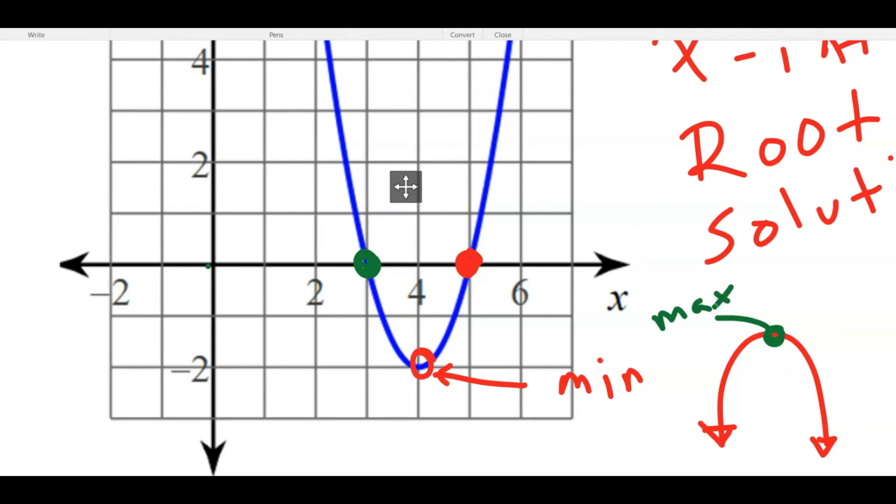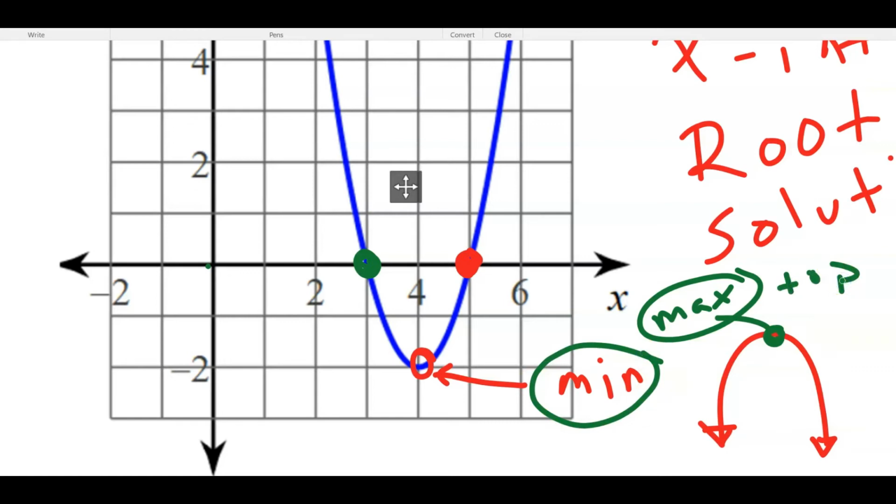That's the highest that you can go. So it's either going to be a minimum or a maximum, depending on which way the parabola opens. If it opens down, it's going to have a maximum. If it opens up, it's going to have a lowest point, a minimum. A maximum is just a top. A minimum is just the bottom of that parabola.